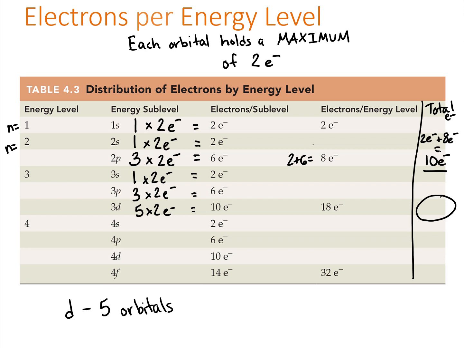Now we're adding on the 3rd energy level. If we just total up the electrons in n equals 3, we've got 2 in the s, 6 in the p, and 10 in the d, for a total of 18.